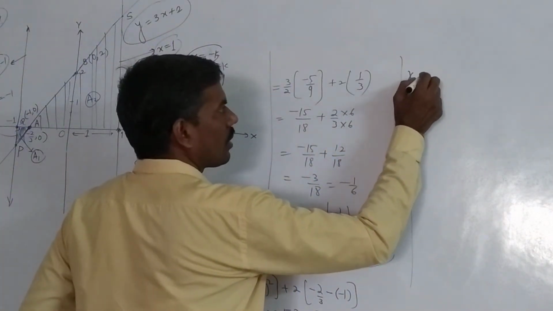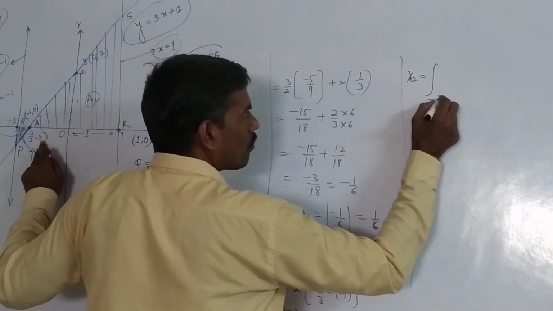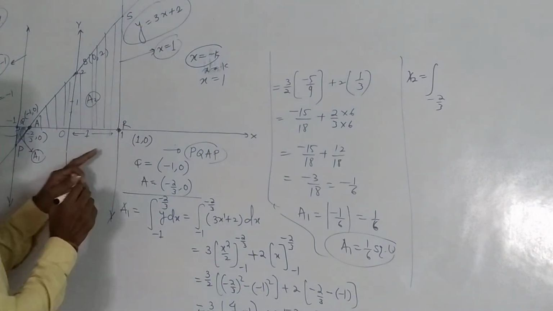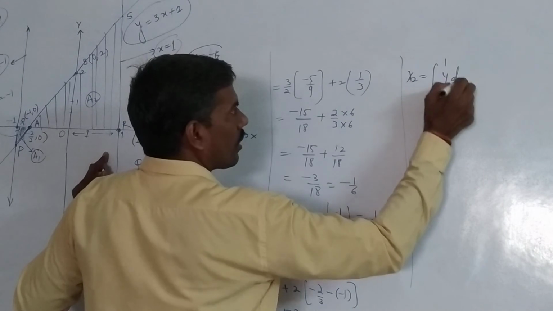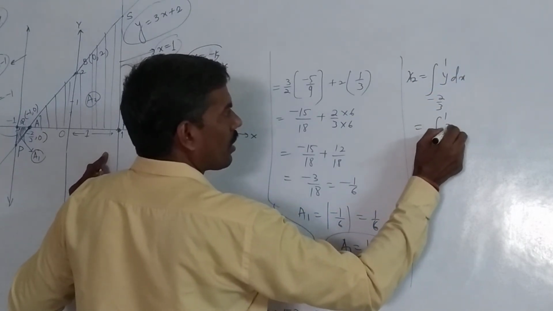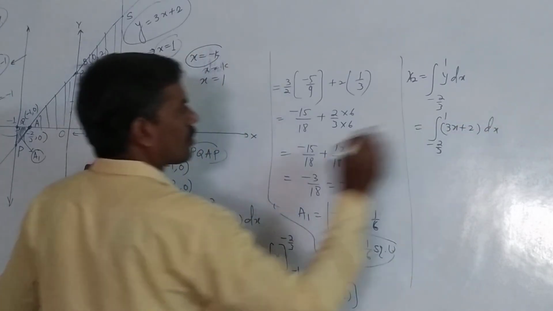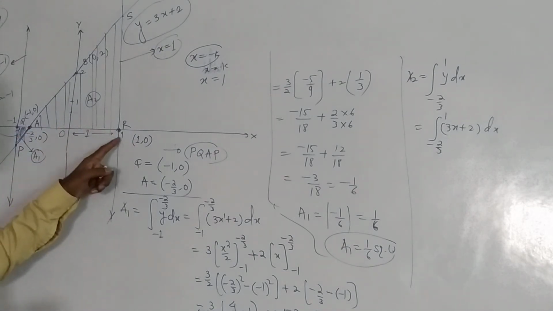A2 is the area from -2/3 to 1, that is, the integral from -2/3 to 1 of y dx, where y is 3x + 2, from x equal to -2/3 to x equal to 1.